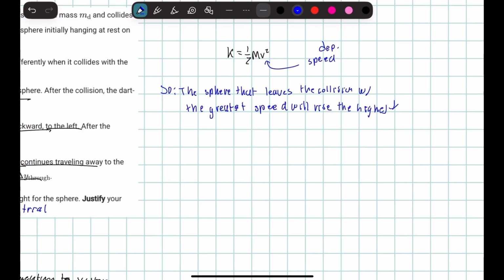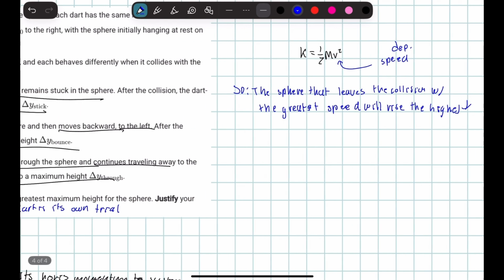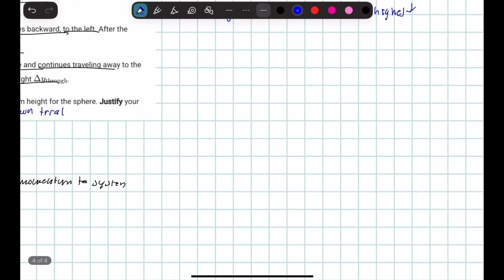And what we were looking at was, we know that the sphere starts at rest, right? So the only way it can start moving is if the dart gives it momentum. The key idea is that the more momentum the dart transfers to the sphere, the faster the sphere moves. So now we're basically asking which dart transfers the most momentum to the sphere. And the most important part is that the momentum transfer is the change in the dart's momentum.